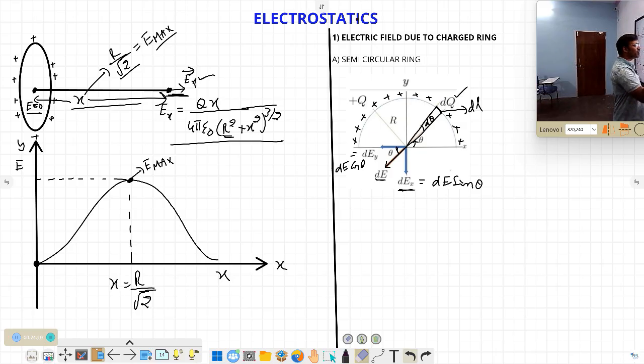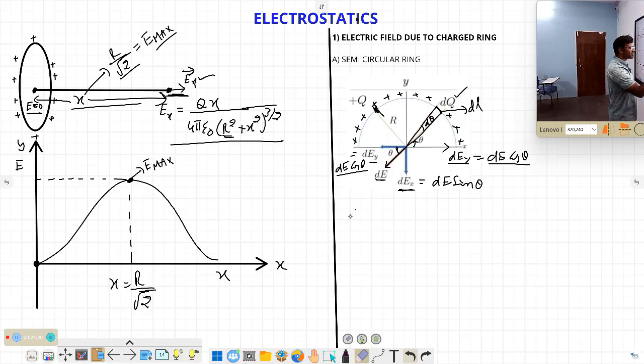So here the x component is dE sin theta, and the y component is dE cos theta. Suppose I choose the same elementary portion on this side, then you get dEy on this side. So the dE cos theta components are equal and opposite, and the net will be 0.